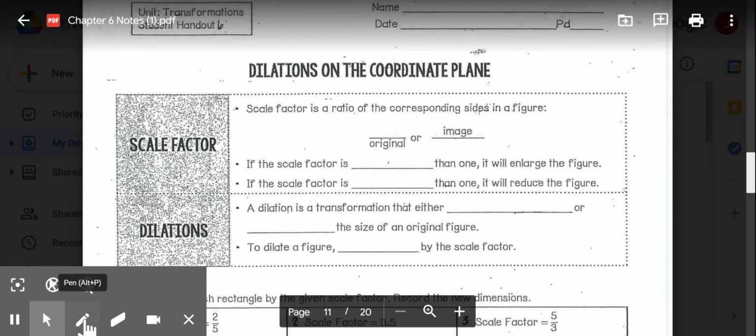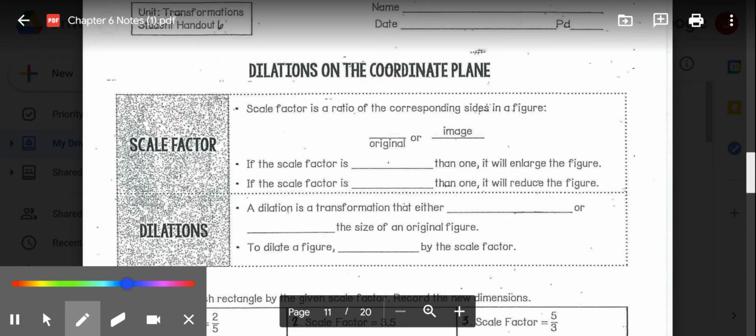And first, we're going to get down a little bit of key information here about dilations. When we make a dilation on the coordinate plane, we're going to use a scale factor to determine the size and place of our new figure. So a scale factor is a ratio of the corresponding sides in a figure.